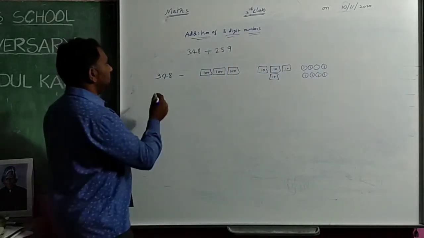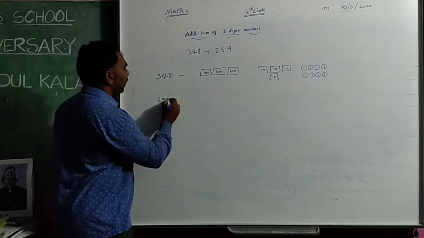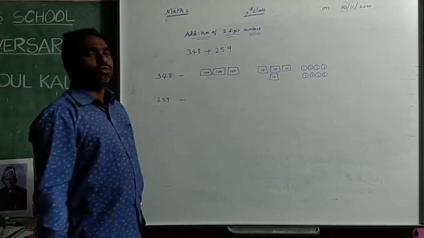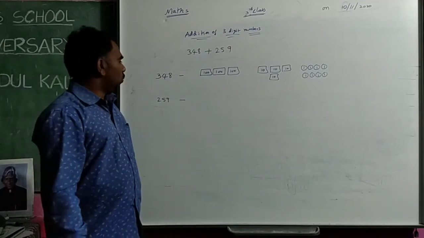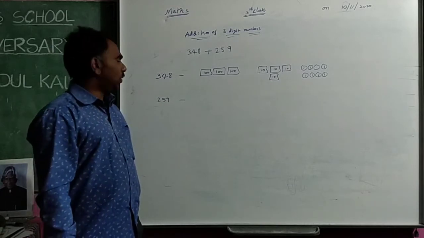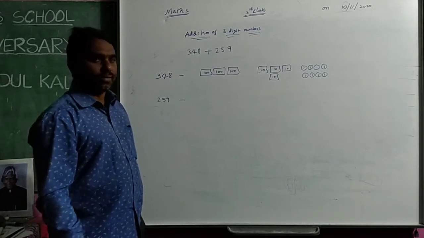The second number is 259. What means 259? 2 hundreds, 5 tens and 9 ones.